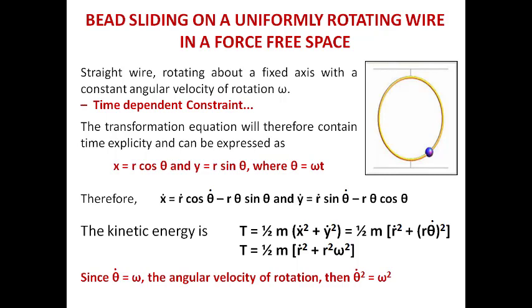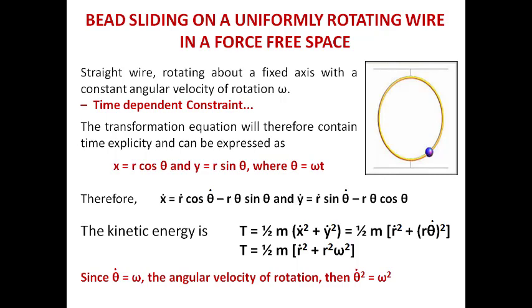We already know x equals r cos theta, likewise y equals r sin theta, where theta, the angular displacement, equals omega t. If we differentiate, x prime equals r prime cos theta minus r theta prime sin theta, likewise y prime equals r prime sin theta plus r theta prime cos theta.